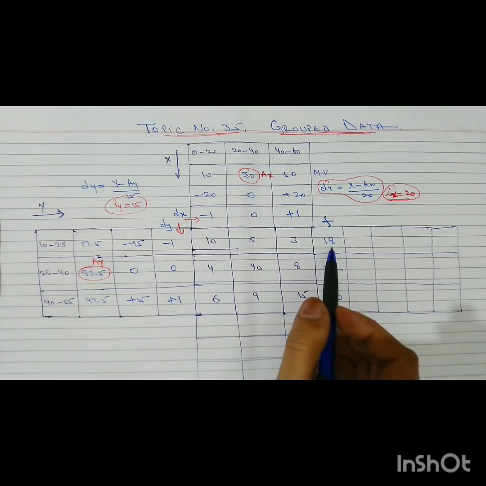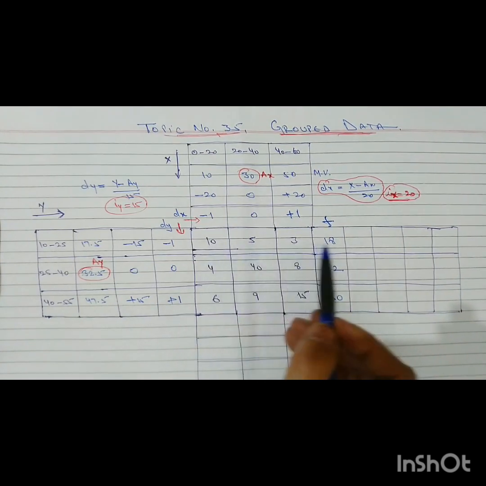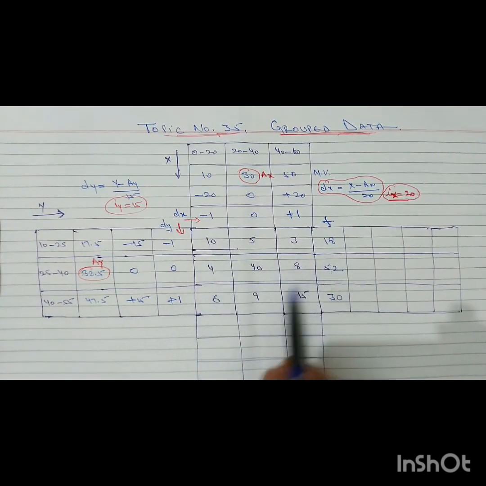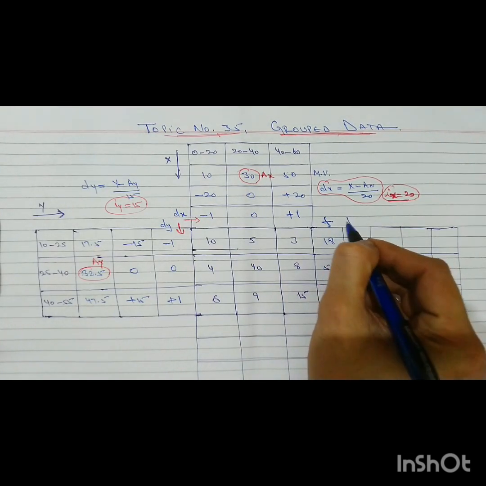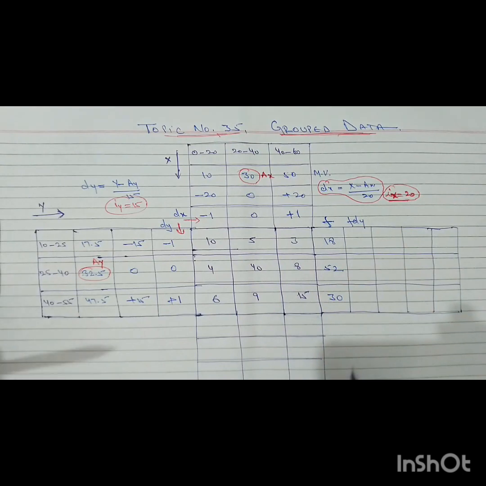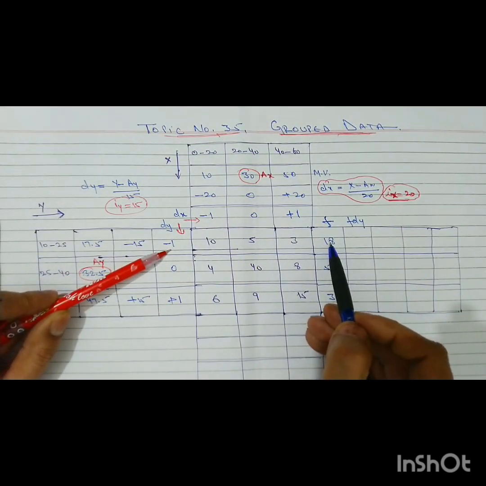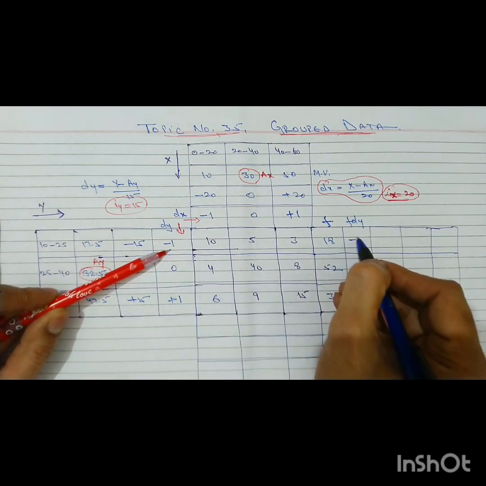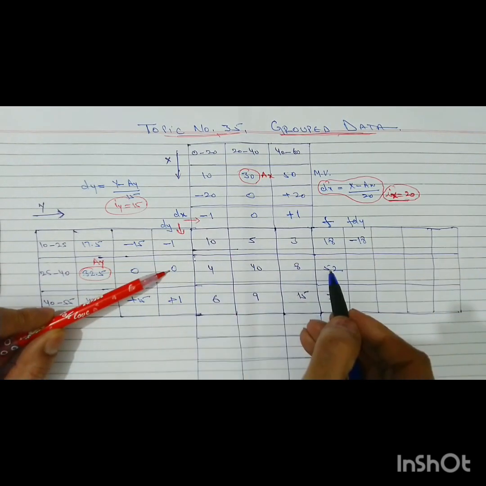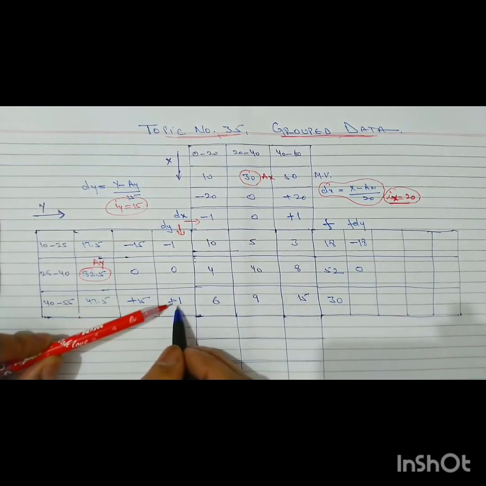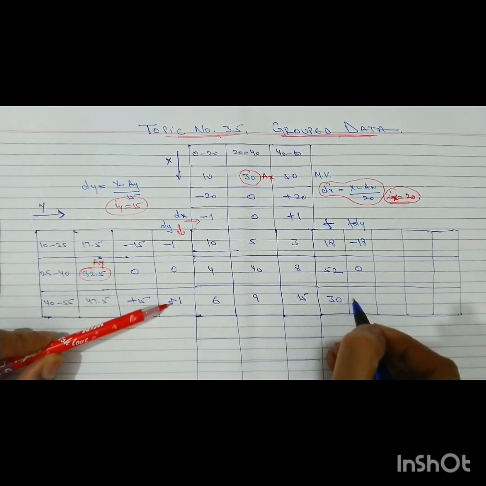These are the frequencies of the Y series: this plus this plus this, 18; 52; and 30. Now find f dy. F is here, dy is here. dy into f: 18 into minus 1 is minus 18. 0 into 52 is 0. Plus 1 into 30 is plus 30.